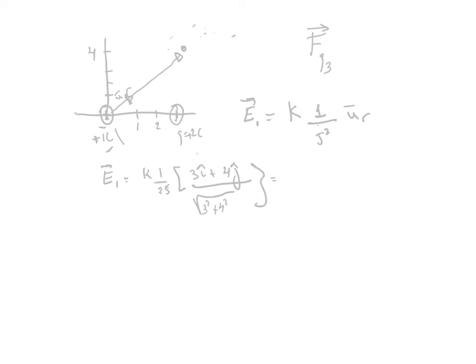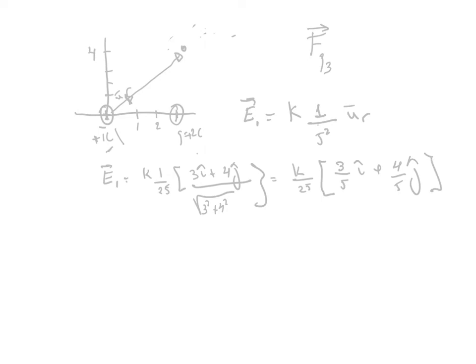So this is the vector E1: K over 25, times 3 over 5 i plus 4 over 5 j, since 16 plus 9 is 25.